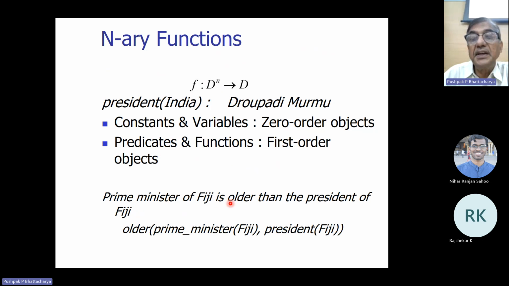Prime Minister of Fiji is older than the President of Fiji. So older is a predicate. Prime Minister is a function which operates on Fiji and returns the Prime Minister of Fiji. President is a function, operates on Fiji and returns the President of Fiji. So, this older predicate is asserting that the Prime Minister of Fiji is older than the President of Fiji.